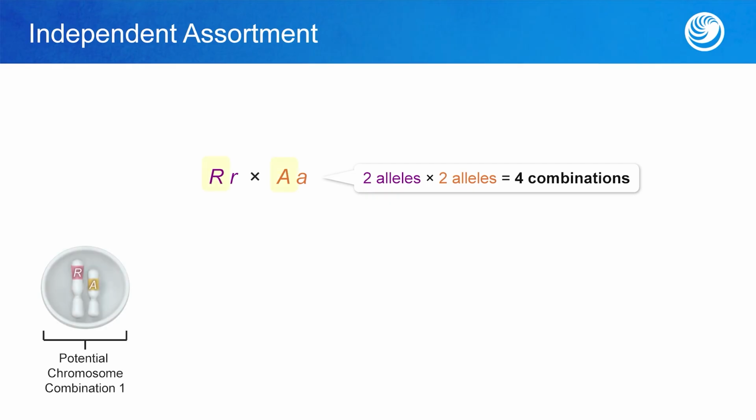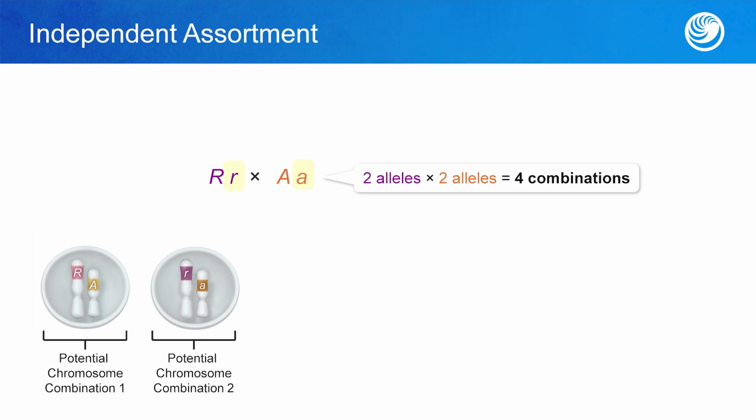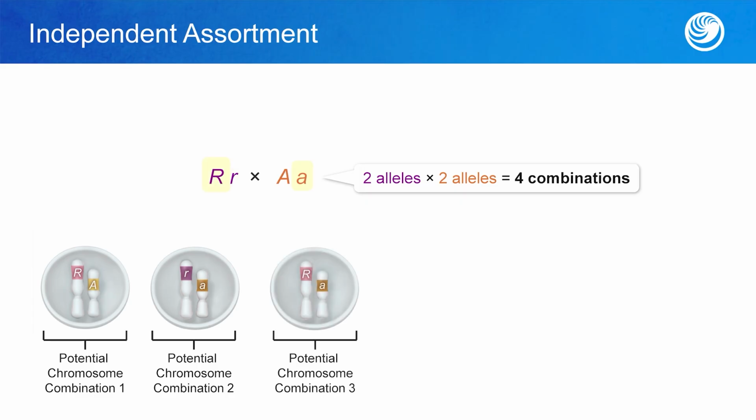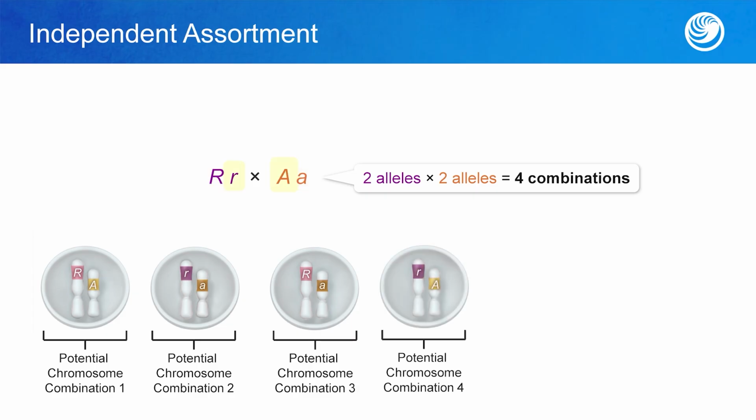One combination is where both dominant alleles end up in the same cell, big R, big A. Another outcome is where both recessive alleles assort together, little r, little a. Yet another combination is where each cell receives one dominant allele for one gene and a recessive allele for the other gene, in this case, big R, little a.